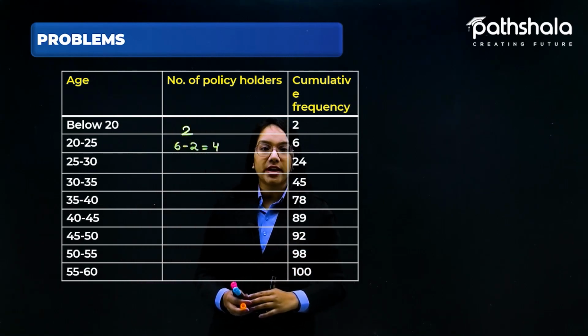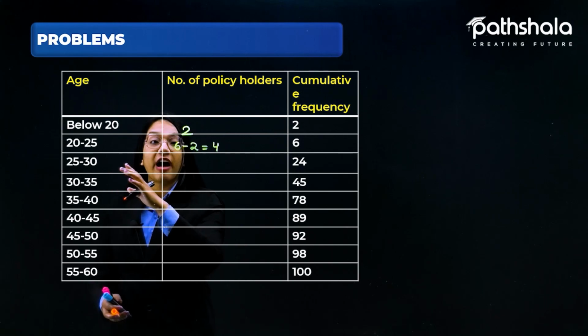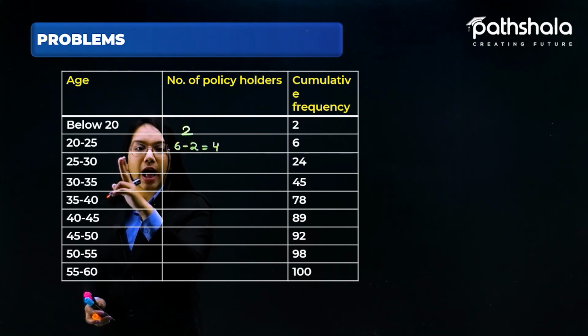Now let's talk about the next one. For the next one we have below 30, and for below 30 the number of policyholders is 24.